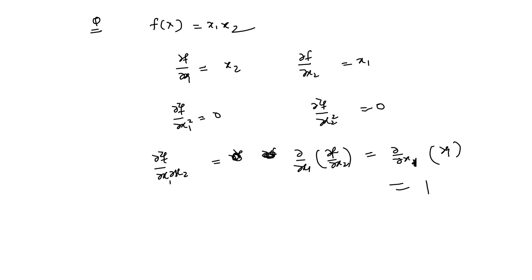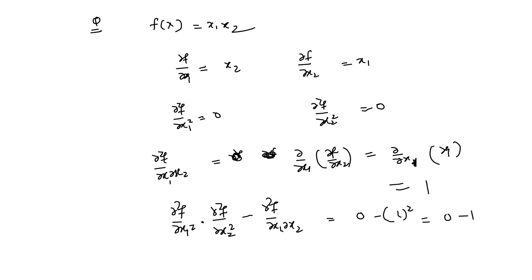So rt minus s square is 0 into 0 minus 1 squared, which means 0 minus 1, which is less than 0. The same, neither concave nor convex.